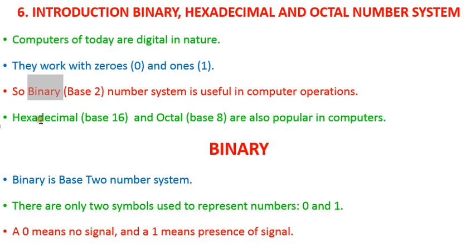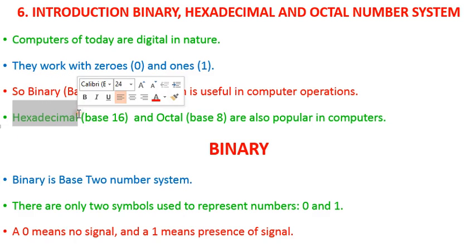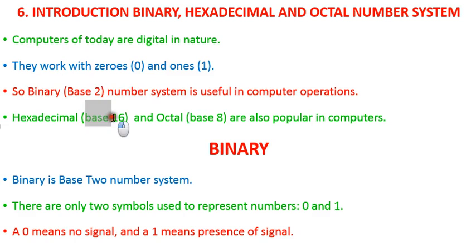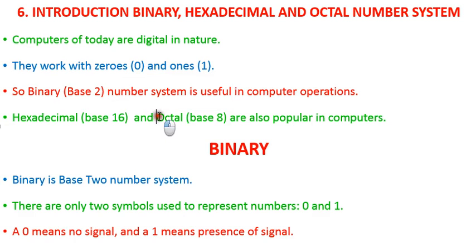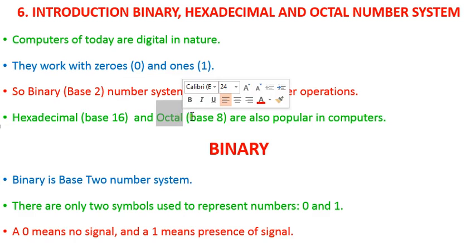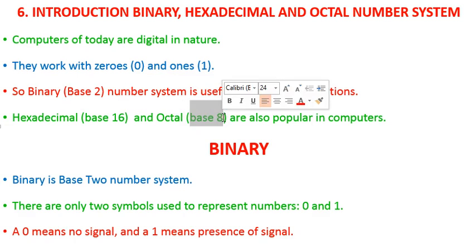However, the other number-based systems that are useful to the computer operation include the hexadecimal. This hexadecimal expresses numbers in base 16, meaning it has digits from 0 up to 15. If you count including the 0, they are 16. And also there is the octal number system, which represents data in base 8 with 8 symbols counting from 0 to 7. We are going to see all of them in the subsequent sections.